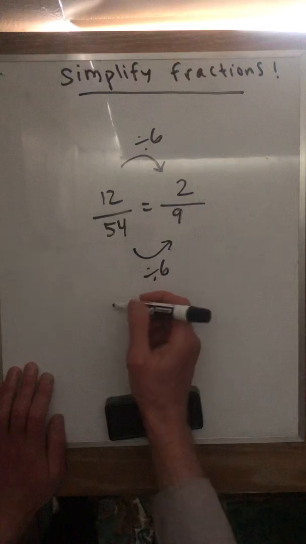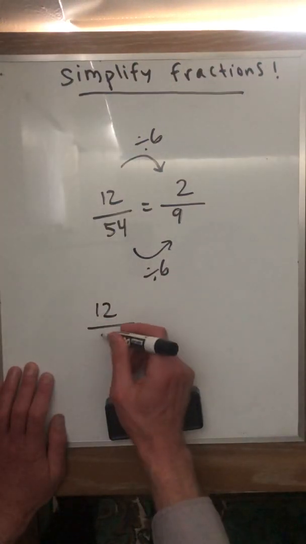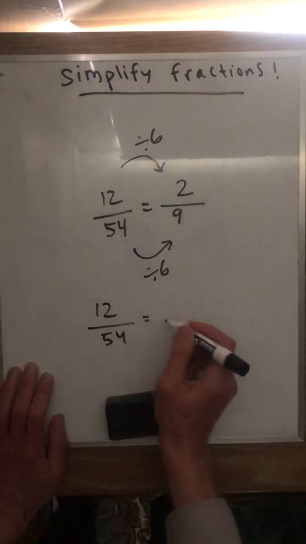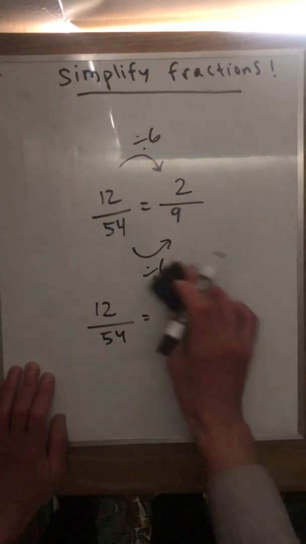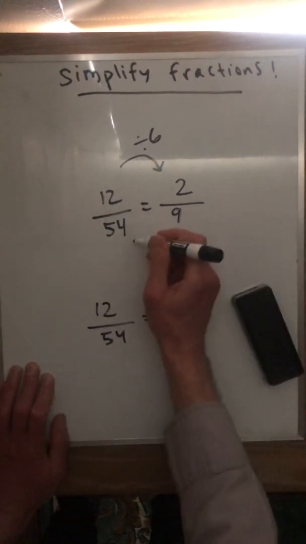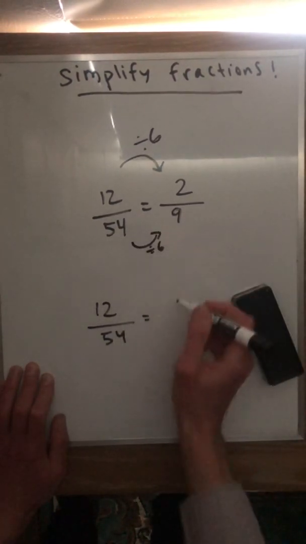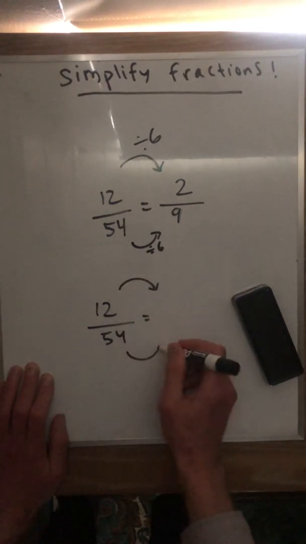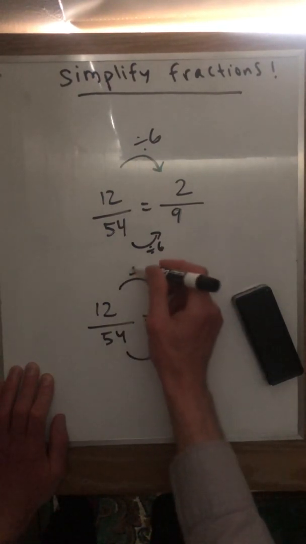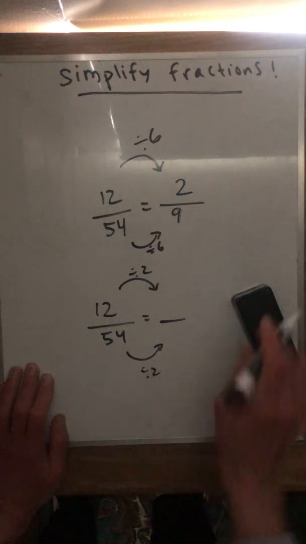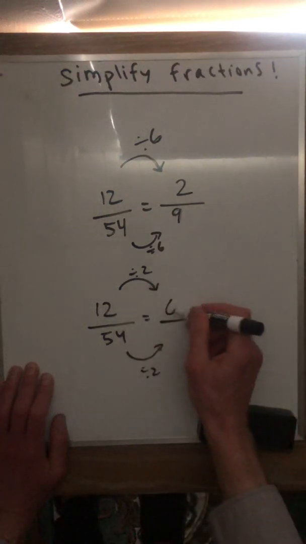And if we had done it the other way, let's see how that would have worked out. What if we would have just halved 12 and halved 54? I think we could have gotten it this way too. Well, half of 12 is 6.